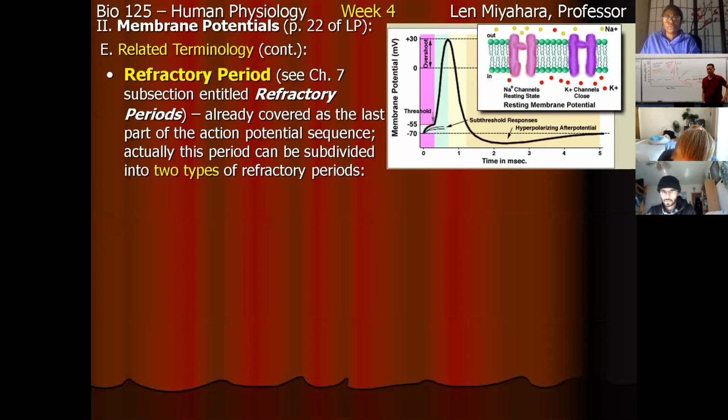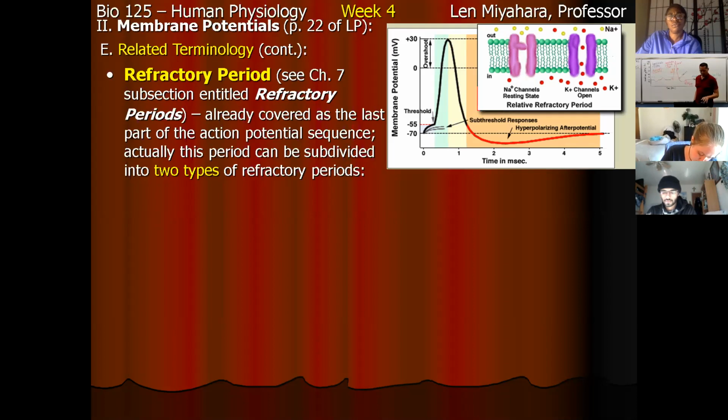Now we need to talk about the refractory period, and this is where this after hyperpolarization comes into play. Okay, there are 2 different types of refractory periods, and these concepts relate to the action potential.